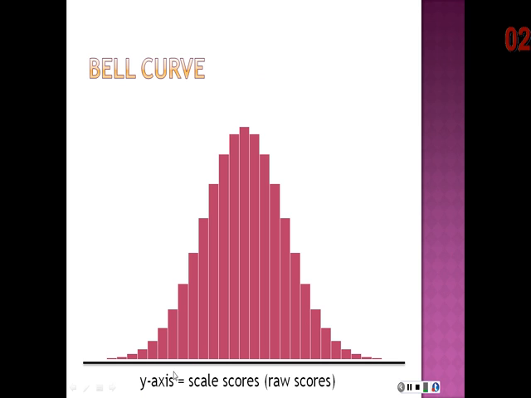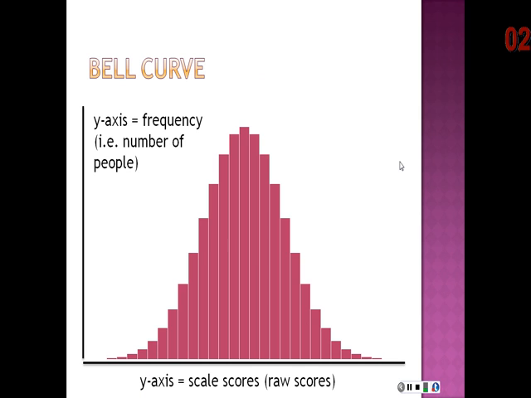So on the x-axis we have the raw scores or the scale scores, and on the y-axis we have the frequency or number of people. And this is the bell curve, a visual approximation of the distribution of scores. What makes a distribution normal is when you have a lot of people clustered in the middle, and people tail off on either end.